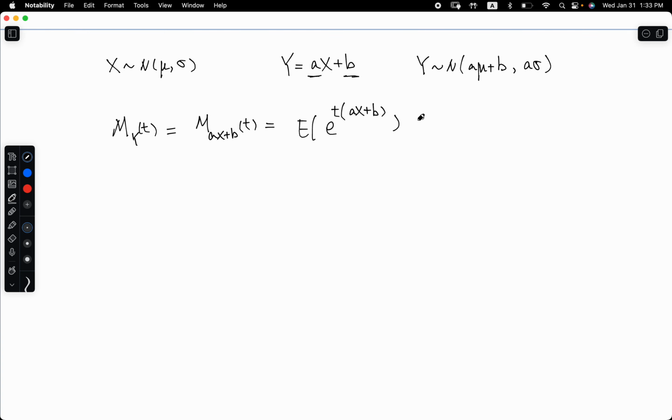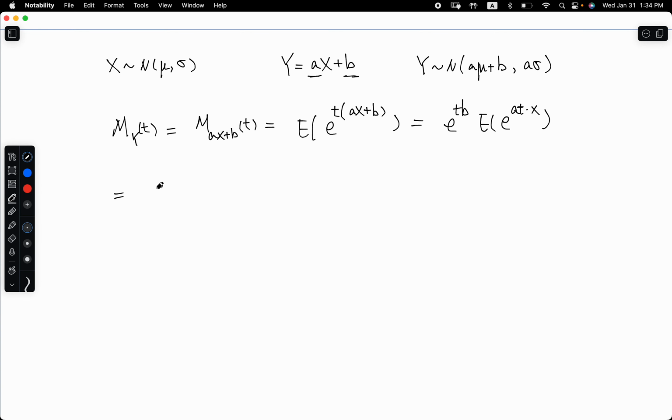Let's simplify this by bringing out the constant term. This is coming from the exponential of t multiplied by b, which is irrelevant to the random variable, so we bring it outside the expectation, leaving e to the power of t a multiplied by X.